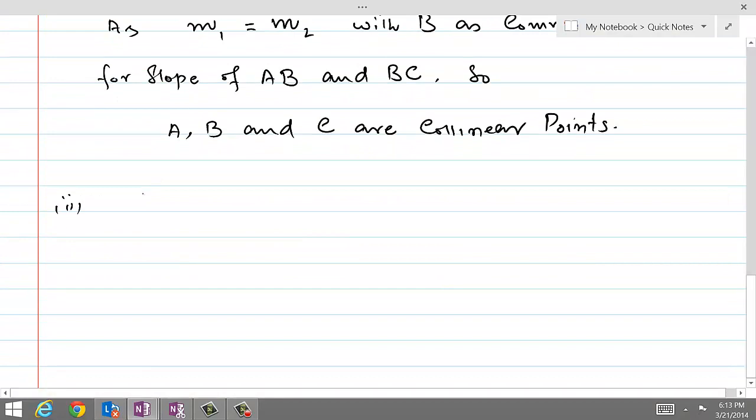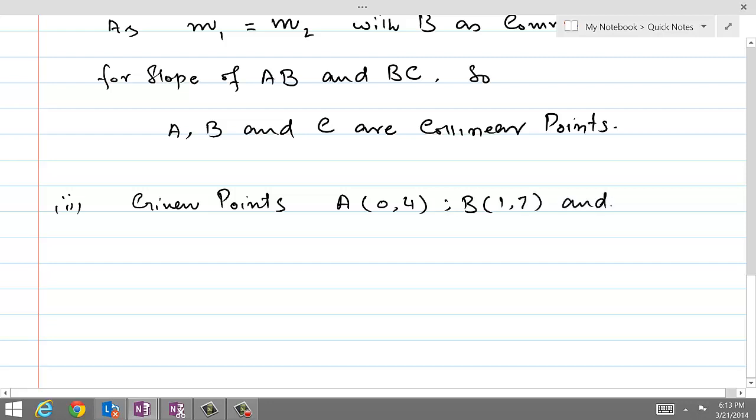Given points are again A with coordinates 0, 4, B is another point with coordinates 1, 7, and C is with coordinates 3, 13.